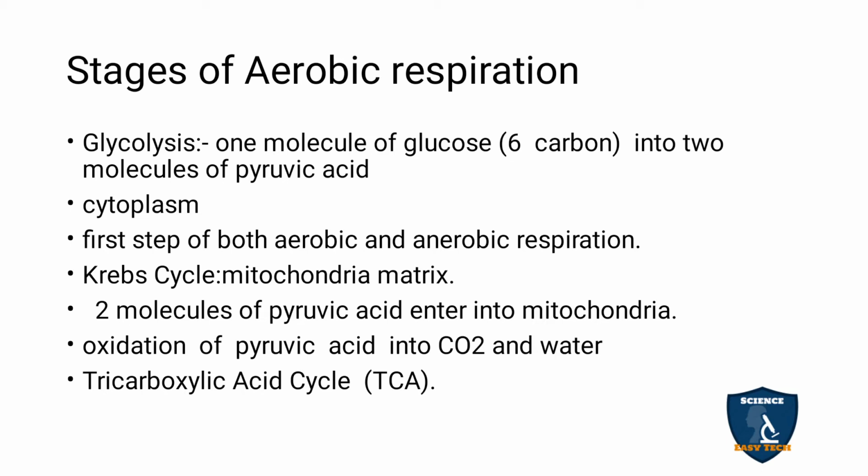Because of that, the Krebs cycle is known as the TCA cycle or tricarboxylic acid cycle. So where does Krebs cycle start? In the mitochondria. When the pyruvic acid enters into the mitochondria, it is oxidized to form carbon dioxide and water. So it is also known as the TCA cycle.